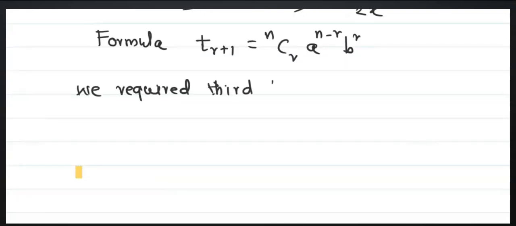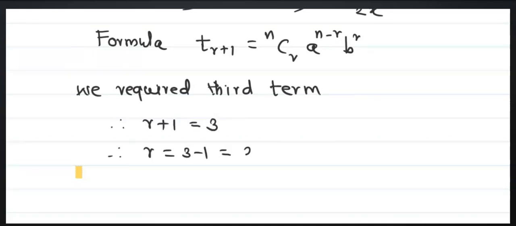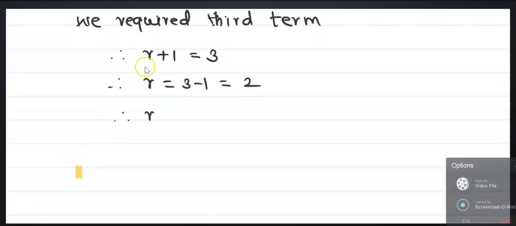As we require the third term, r plus 1 is equal to 3. This is important: r plus 1 is equal to 3. Therefore, r is equal to 3 minus 1, that is equal to 2.